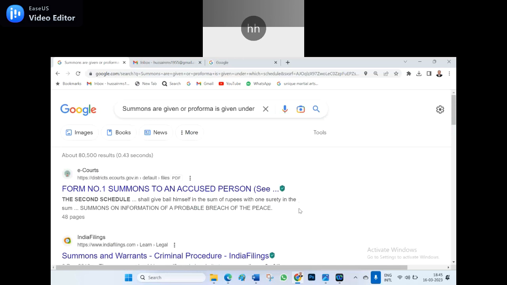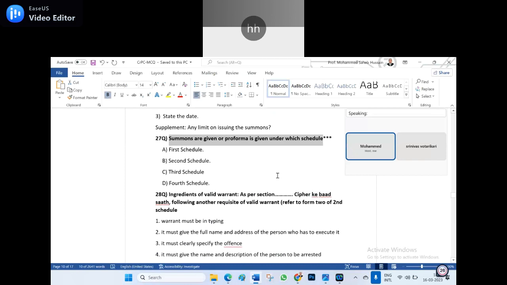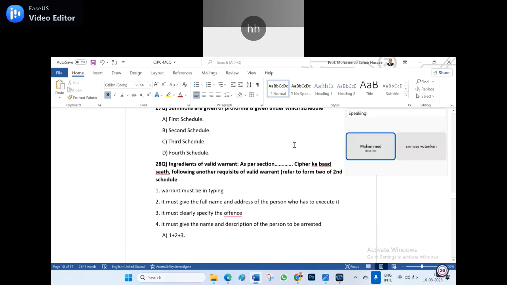The summons to an accused person is given in the second schedule. So the second schedule is the right answer. Is it clear? Say yes. Okay, sir. So now the 28th question.